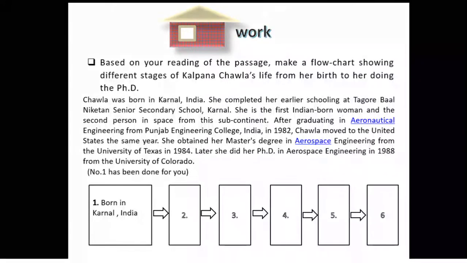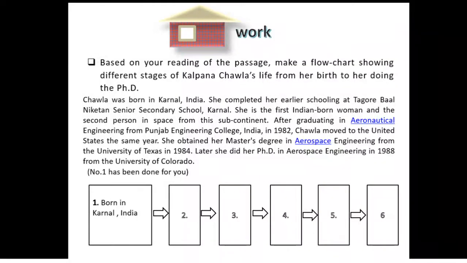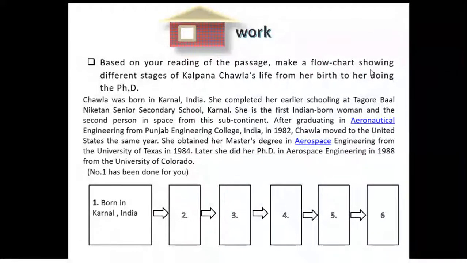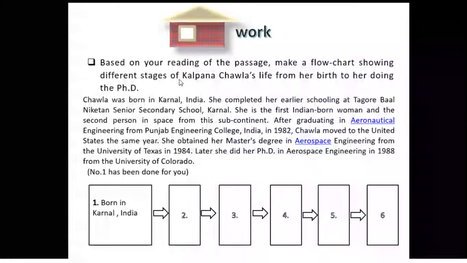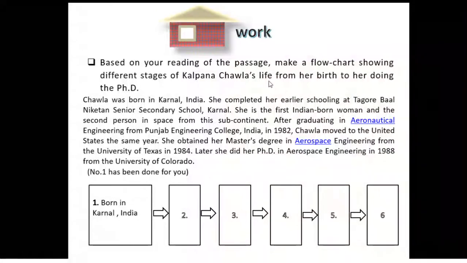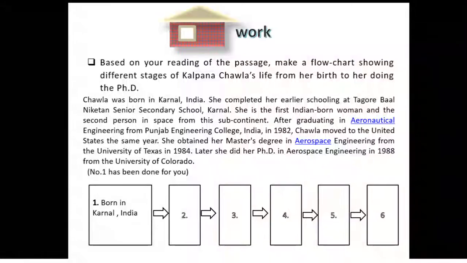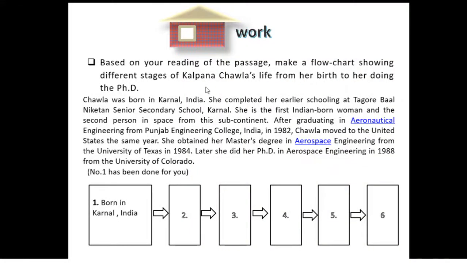And this question is almost the same as the question we have already discussed. Based on your reading of the passage, make a flowchart showing different stages of Kalpana Chawla's life from her birth to her doing the PhD. From her birth to her doing the PhD.